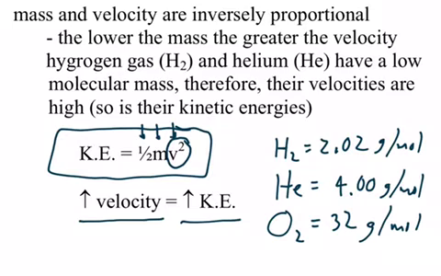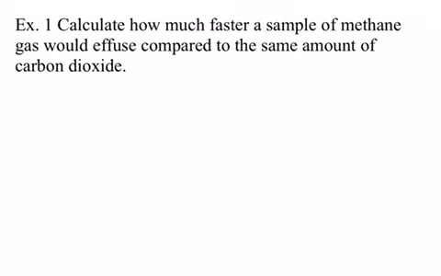All right. So one of the things we're going to do is use Graham's law of effusion or diffusion to compare how much faster one gas goes versus the other, in terms of the rate of movement. So if you look here, here's an example of what we mean by this.